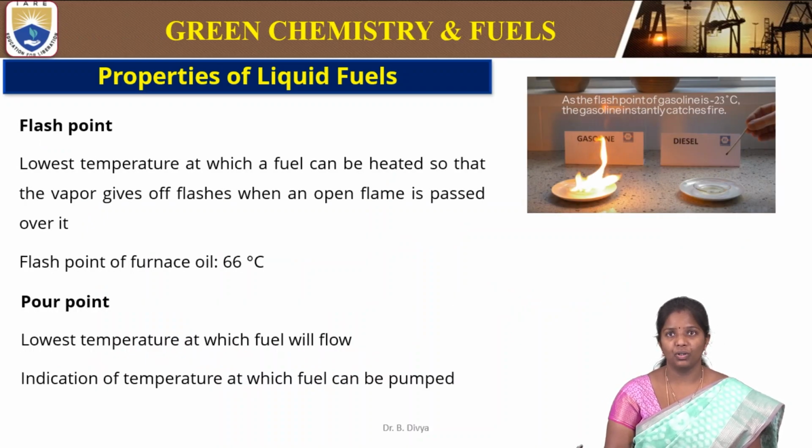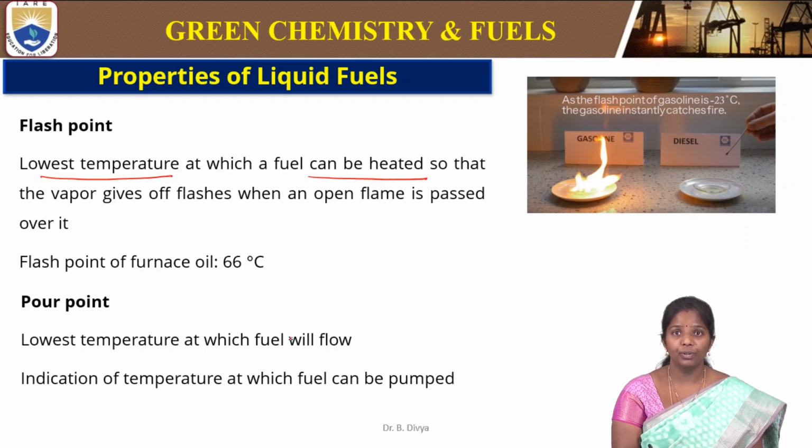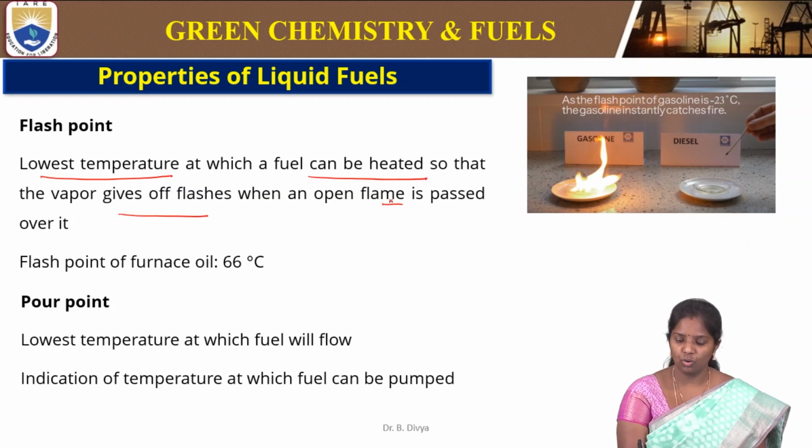Next is the flash point. We have seen in lubricants that flash point is an important property for fuels, liquids or any other lubricants we use. Flash point is the lowest temperature at which a fuel can be heated so that the vapor gives off flashes when an open flame is passed over it.